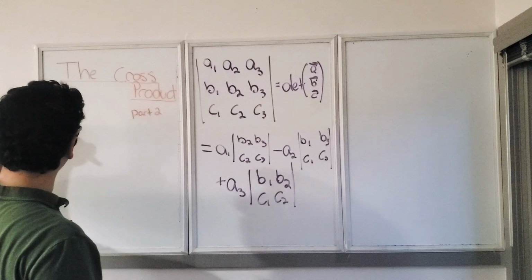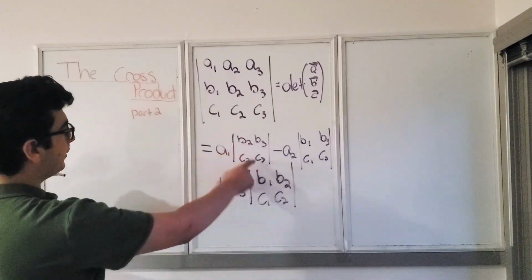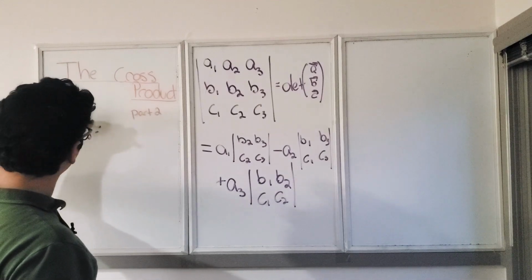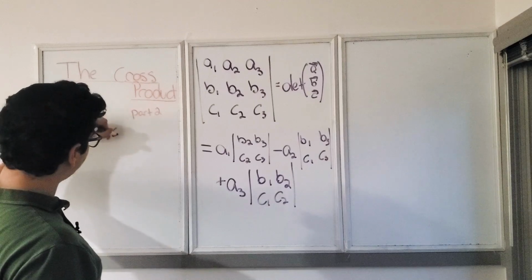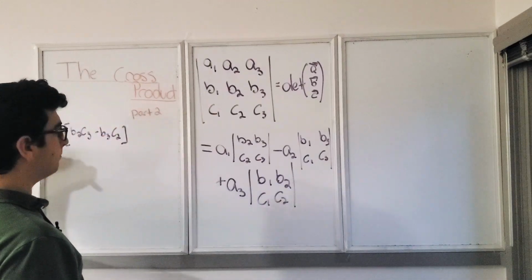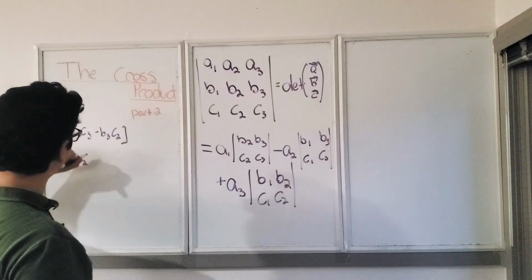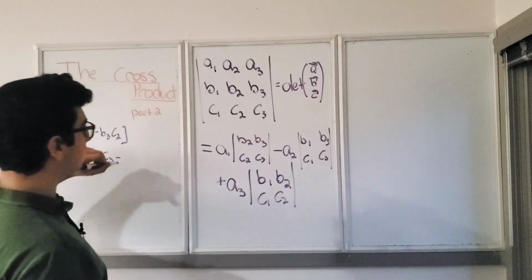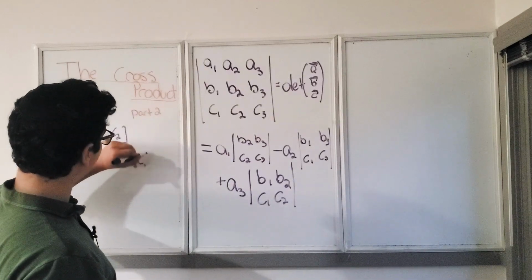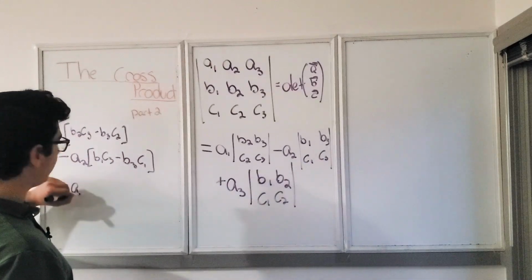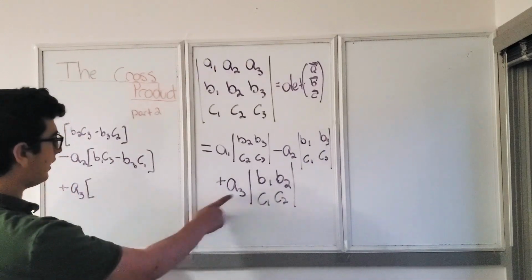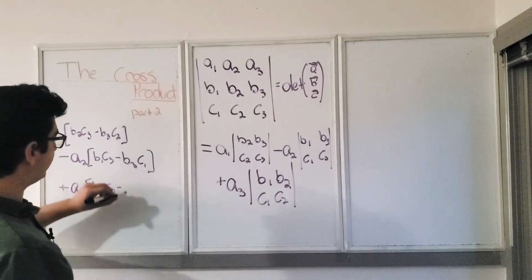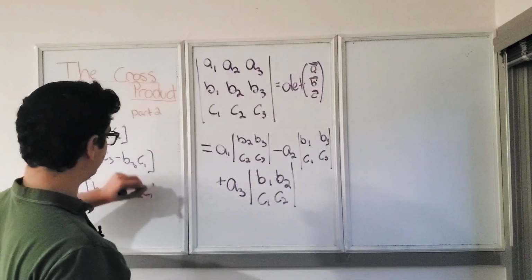So it would be A1 times B2 times C3 minus B3 times C2, minus A2 times B1 times C3 minus B3 times C1, and then plus, last but certainly not least, A3 times the determinant of that over there, which is B1 C2 minus B2 times C1.